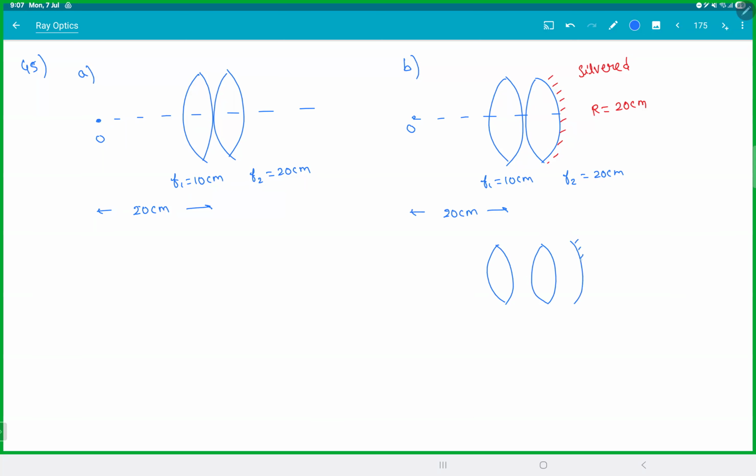It works. Because if you have a thin air gap, the thin air gap behaves like a lens whose power is 0. Because 1/f will be (mu lens over mu medium minus 1), and this is 1 minus 1, which is 0. A thin air gap behaves like a 0 powered lens. So you can always separate that.